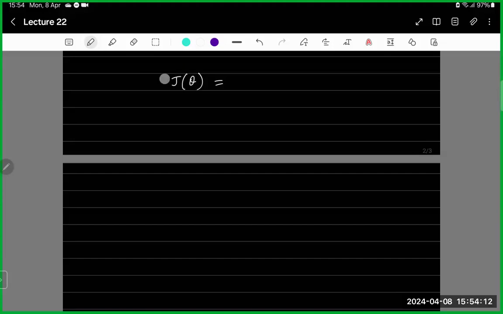If pi theta is a policy which is parameterized by a theta vector, how do you measure how good that policy is? No, you're not talking about the gradient, you're talking about the objective which we want to maximize.